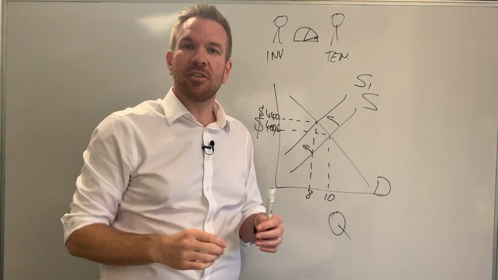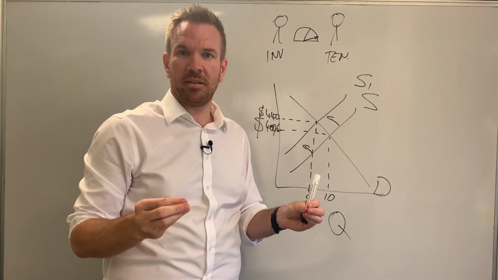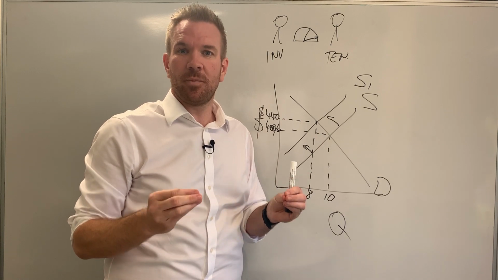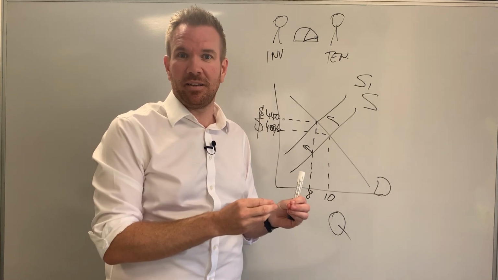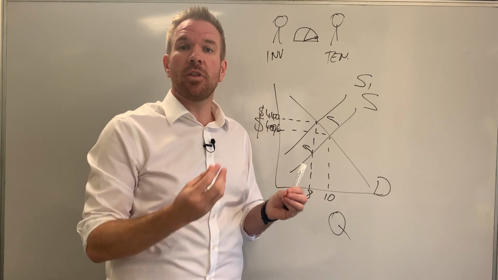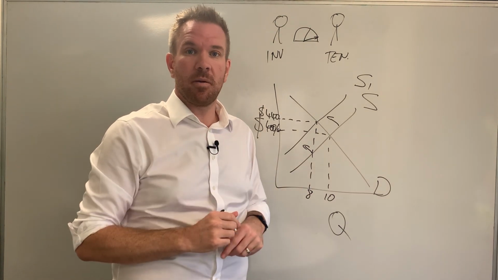Now the reason for that is because there's still 10 families in that suburb that want 4-bedroom houses, but now there's only 8 houses in that suburb for them to rent. So higher competition drives slightly higher prices.